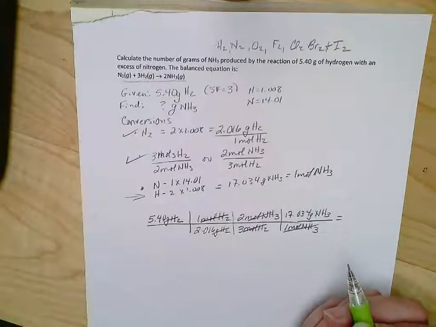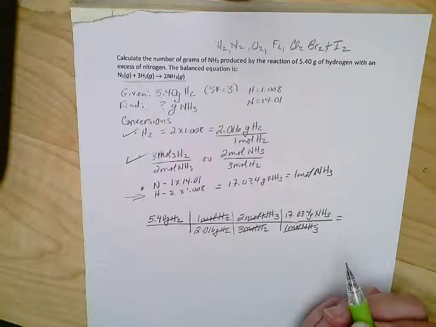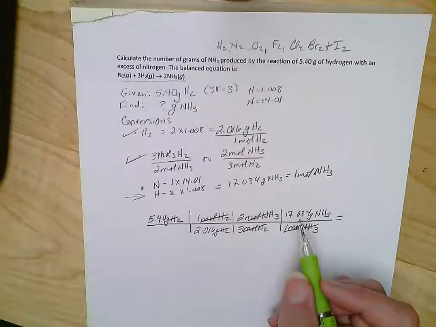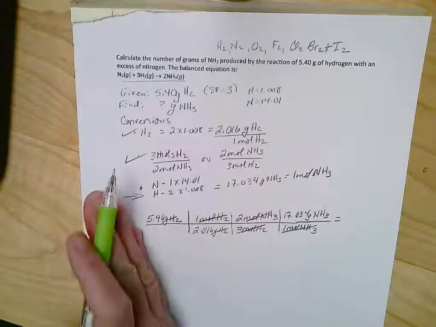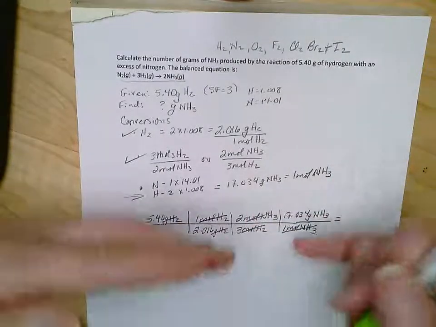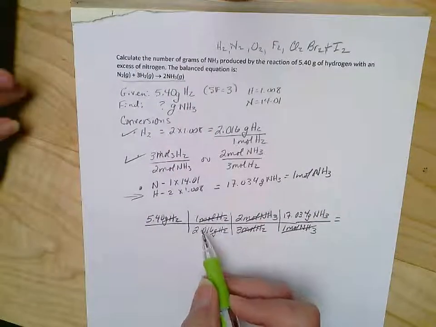I'm telling you this is the best way. You can do what you want because obviously I can't see you, but do this in one calculation. You start with this number and you work from left to right. If it's below the line, divide. If it's above the line, multiply. And if it's 1, ignore it.